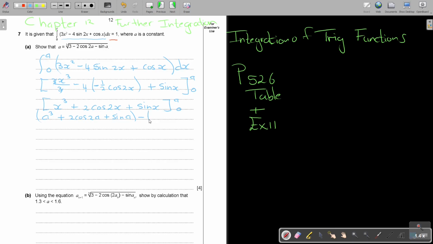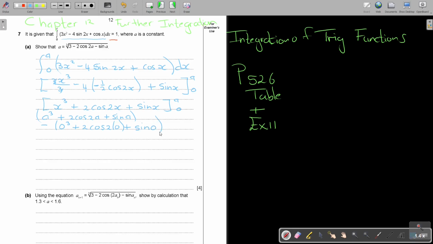Substitute it: 0 to the power 3 plus 2 cos 2 times 0 plus sin 0. I'm going to write it at the bottom because of my space.